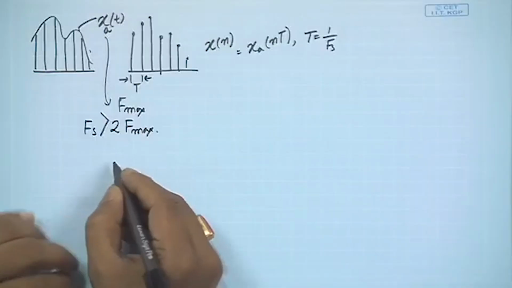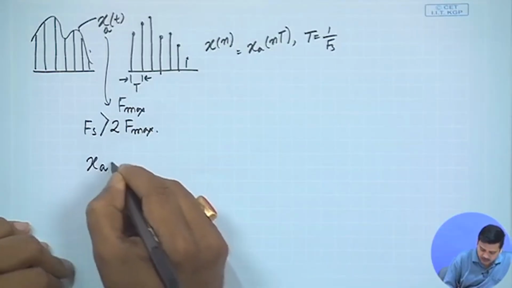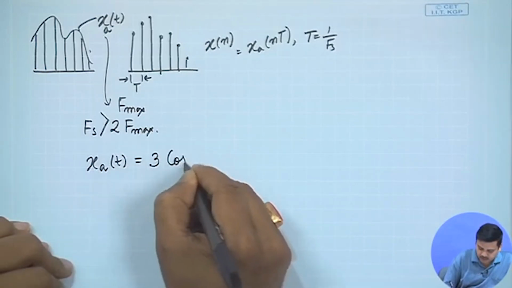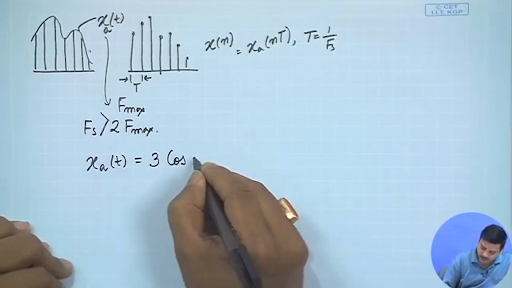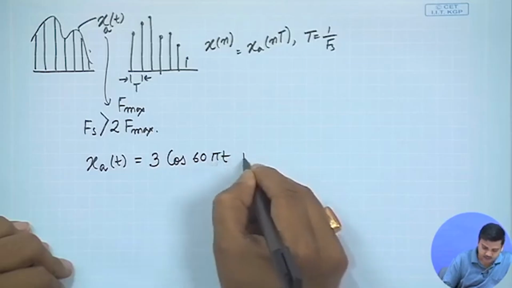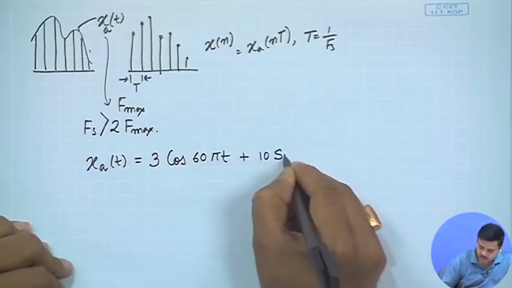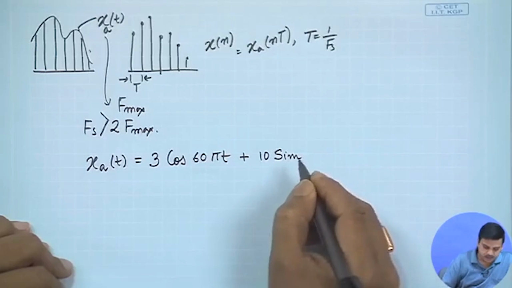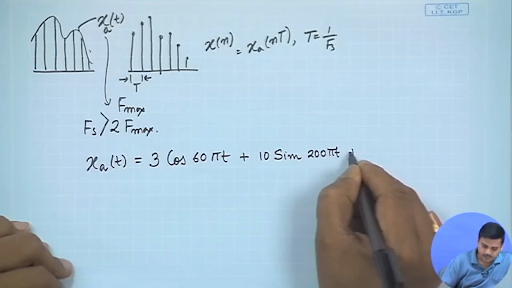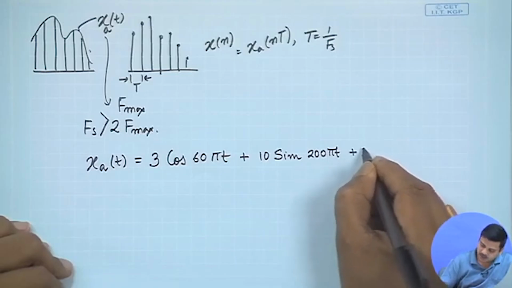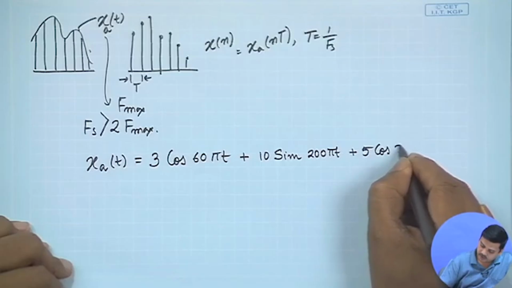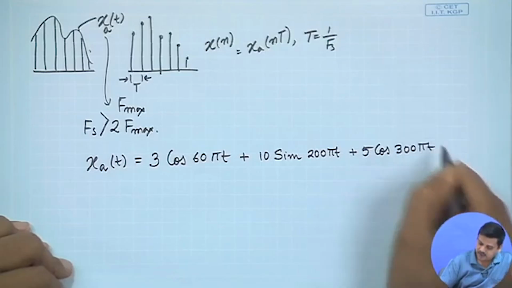So, suppose we have x a of t given as 3 cos of 60 pi t plus 10 sine of 200 pi t plus 5 cos of 300 pi t.